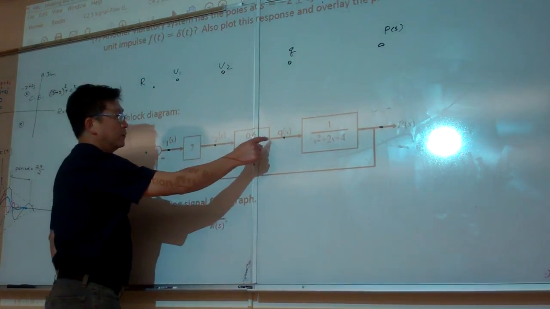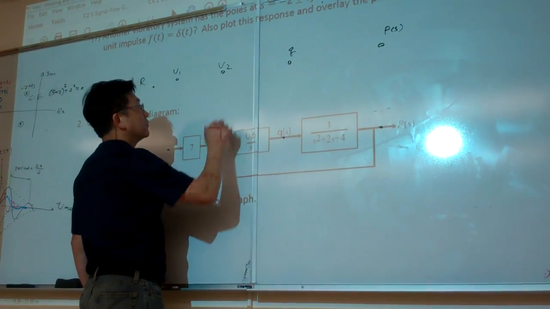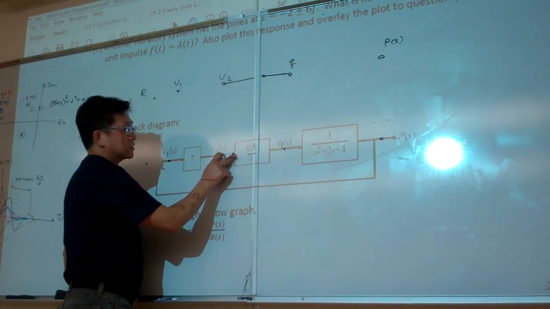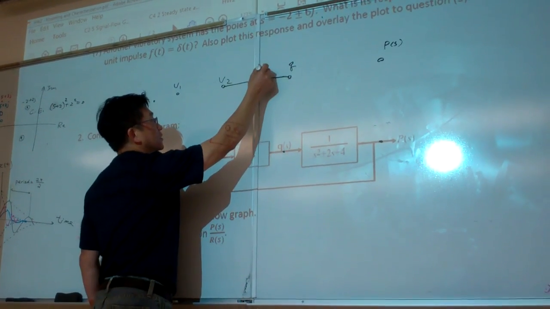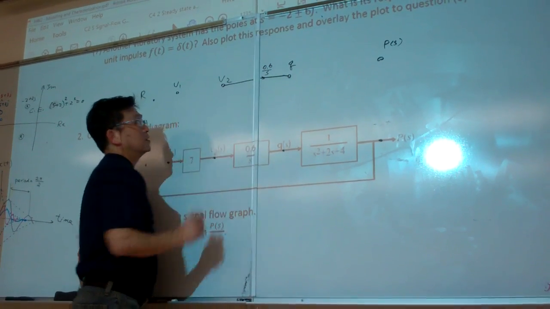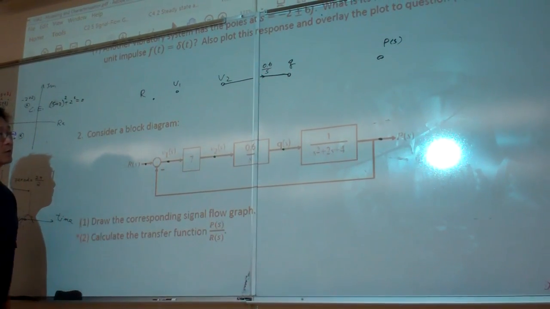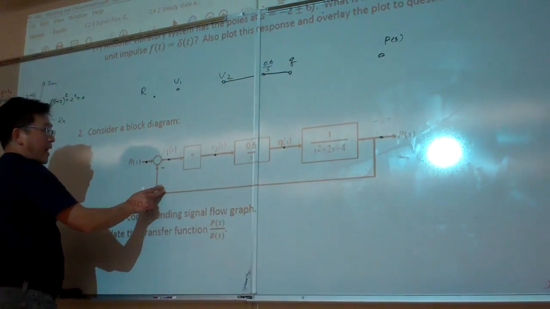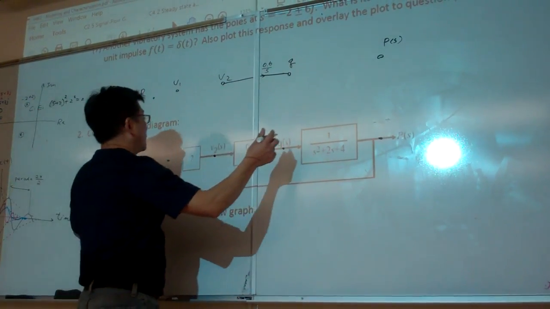For example, for Q here, between V2 and Q is the forward path. You follow this arrow, so the path gain is 0.6 over s. The path gain is like this. Okay. So for example, from P, we have the feedback path to R here.